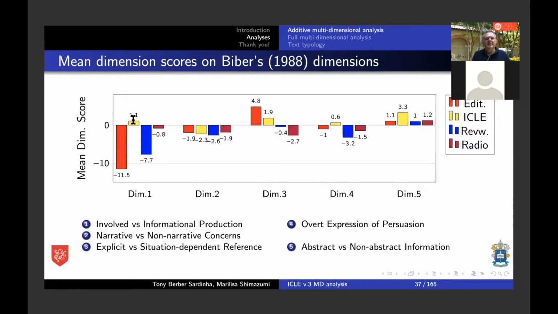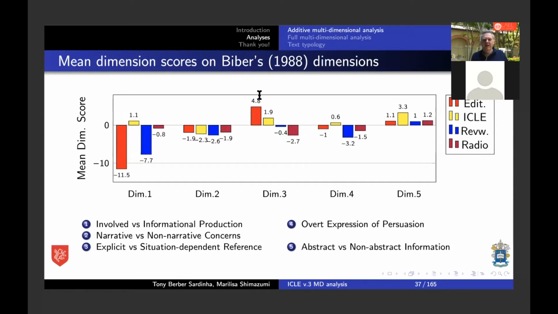So as you can see, ICLE sticks out. ICLE is a little different. With respect to narrative, all of them are very similar. All of these are non-narrative, as we would expect, right? With respect to the reference, are these explicit or situation dependent?